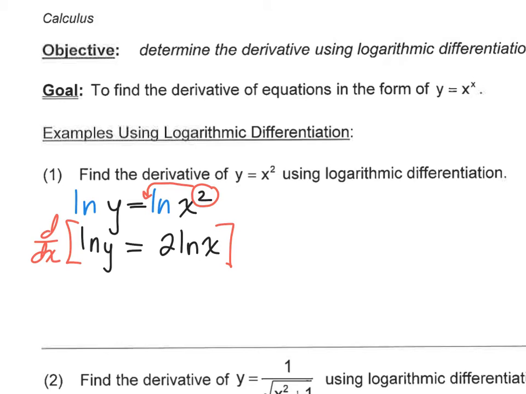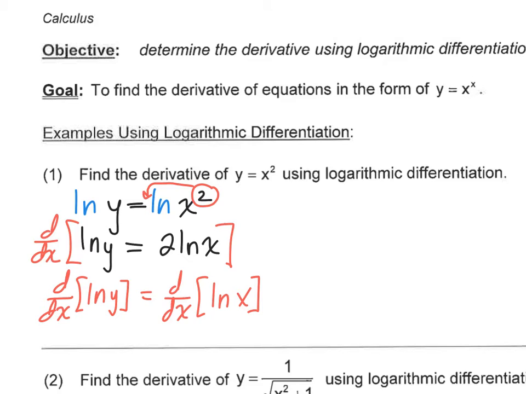We're going to take the derivative of the natural log of y, and then we're going to take the derivative of 2 times the natural log of x.